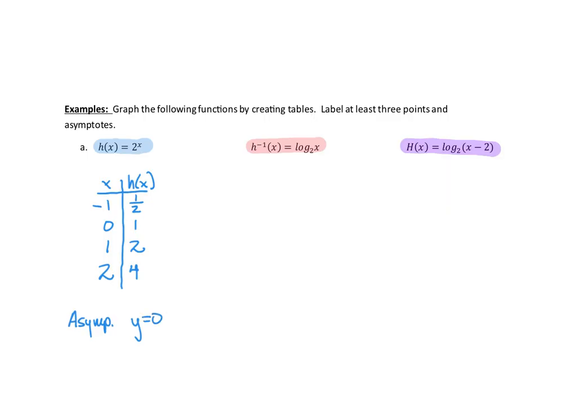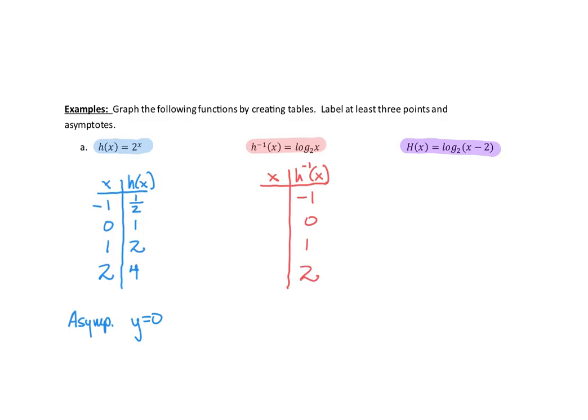All right, the next thing that I'm going to do is I'm going to go ahead and do the inverse function. And so for our inverse function, remember that all we're going to do is we are going to flip-flop our variables. And so my x's in the h of x become the y's. So we have -1, 0, 1, 2.